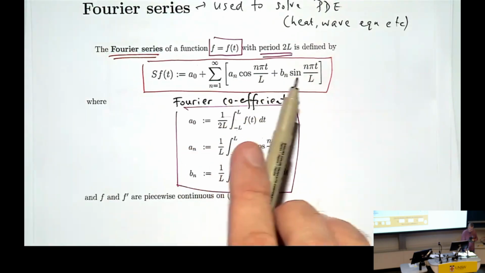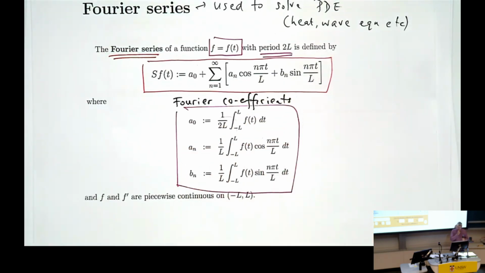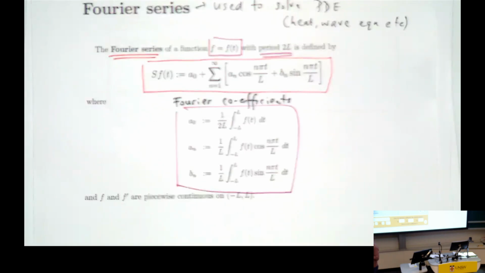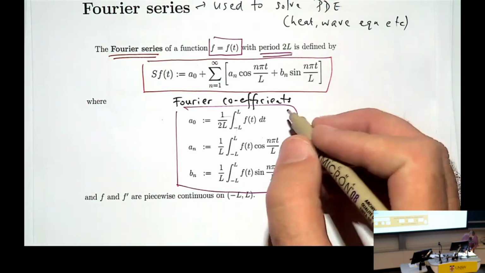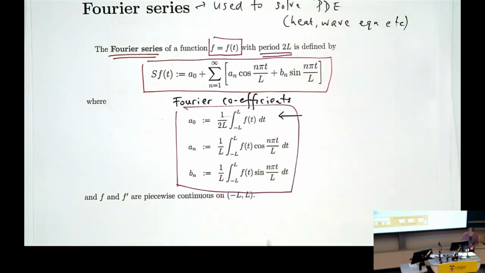They go in front of the cosine and the sine, okay? So there's quite a lot going on there, but a good question is, well, how do we know that the A naught out the front, the B naught, the AN and the BN are all in that form, okay? So let me just derive this quickly for you. I don't think you'd be asked to do it, but it's still good to know where it comes from. So let me just derive this format here, and I'll leave the other ones for you to do.